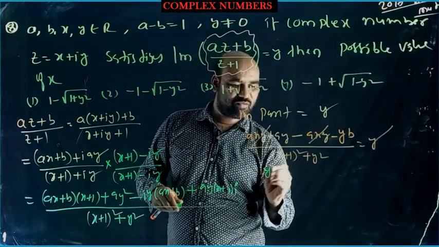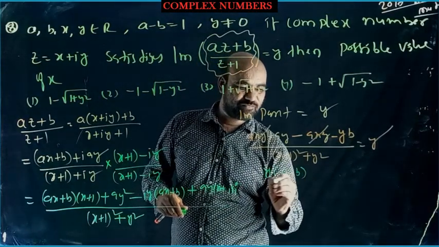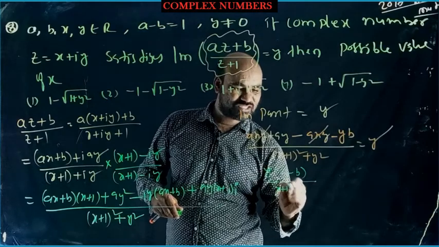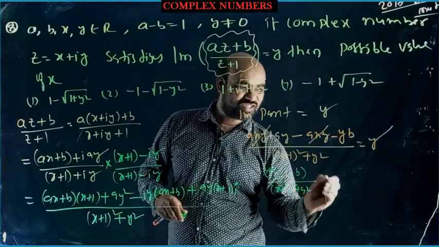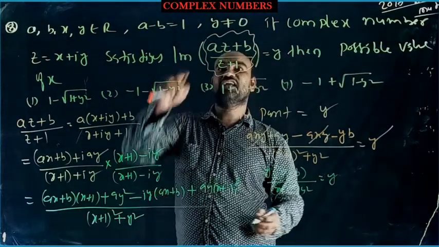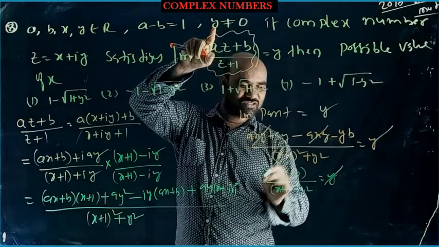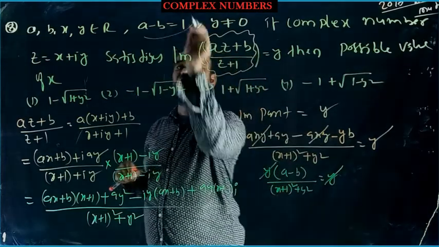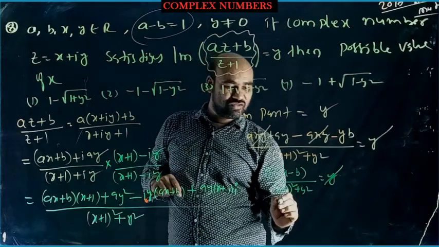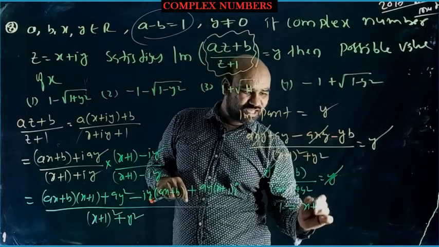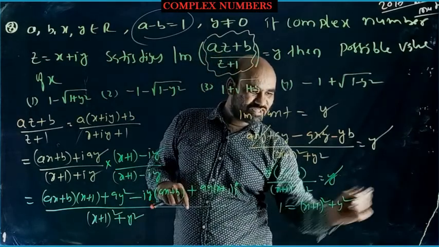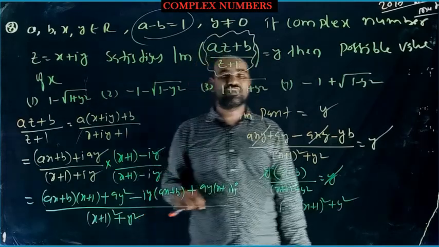You can take y common in the numerator: y times (a minus b) by (x plus 1) whole square plus y square equals y. Already given y is not equal to 0, so I can cancel y also. Already a minus b is given as 1. So 1 equals (x plus 1) whole square plus y square. From this you want to find the x value.